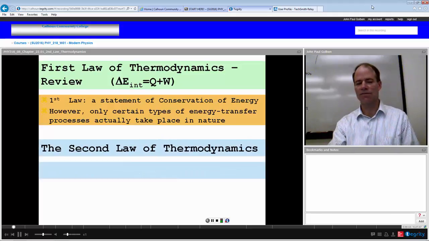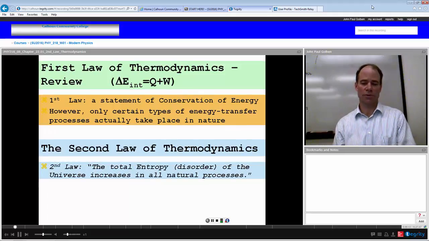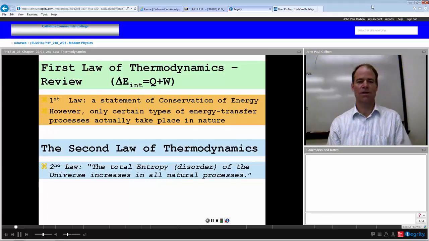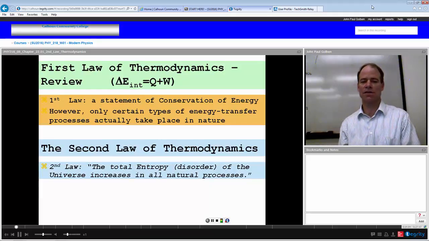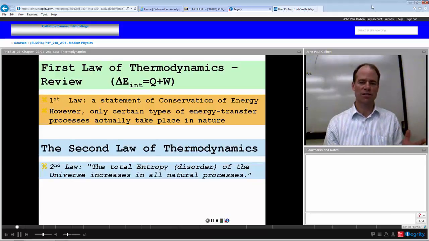So we have the second law of thermodynamics, which states that the total entropy, which is disorder, of the universe increases in all natural processes, so that as a progression of time, entropy in the universe will increase. And the kind of process that will occur is one in which entropy increases.